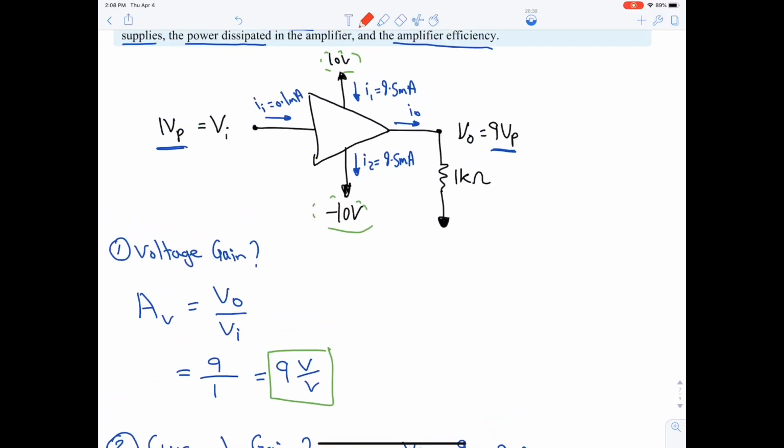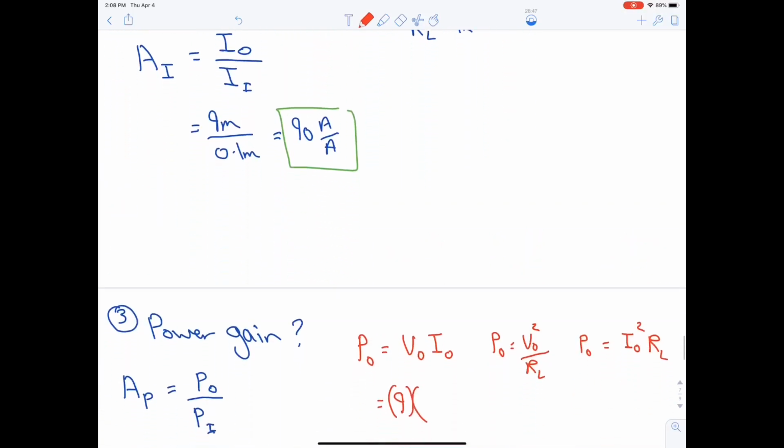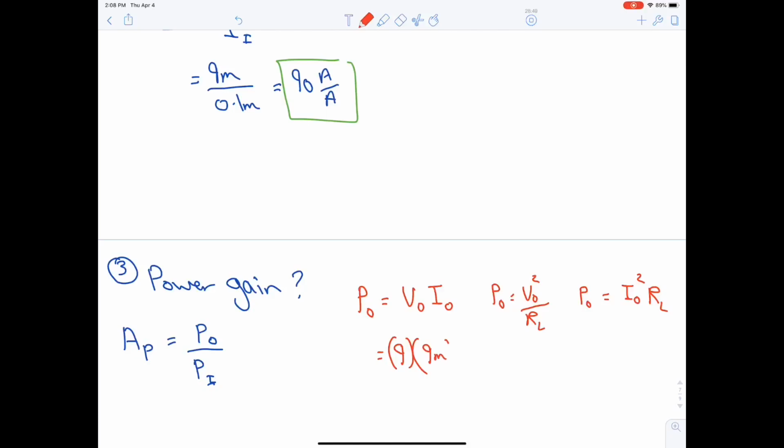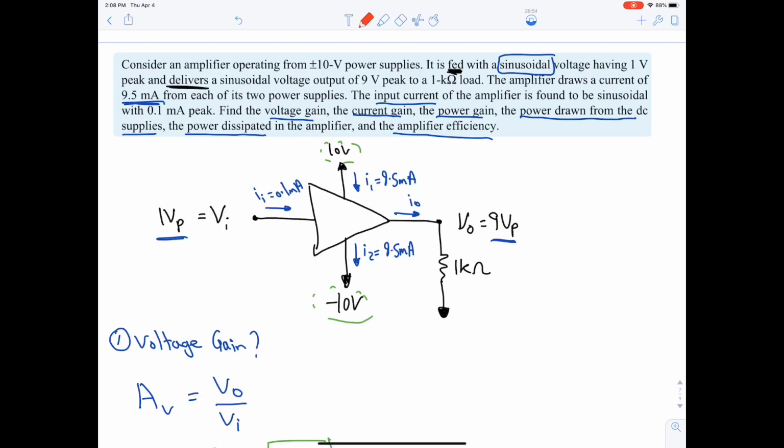We know that V output is 9 volt, but it's incorrect to write 9 multiplied by I output, which is 9 milli. Why? Because as I mentioned before, the type of signal on the input and output is AC signal. AC signal means it's varying, whereas on the DC power supplies, it's DC. It's fixed. Okay? Let me sketch the waveform of V input to clarify things.